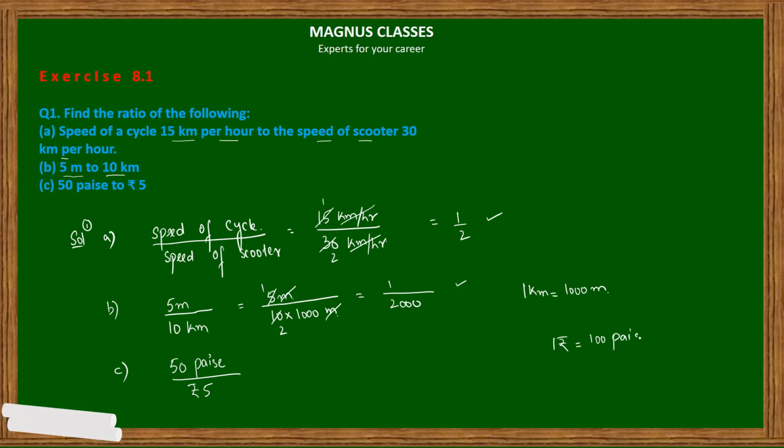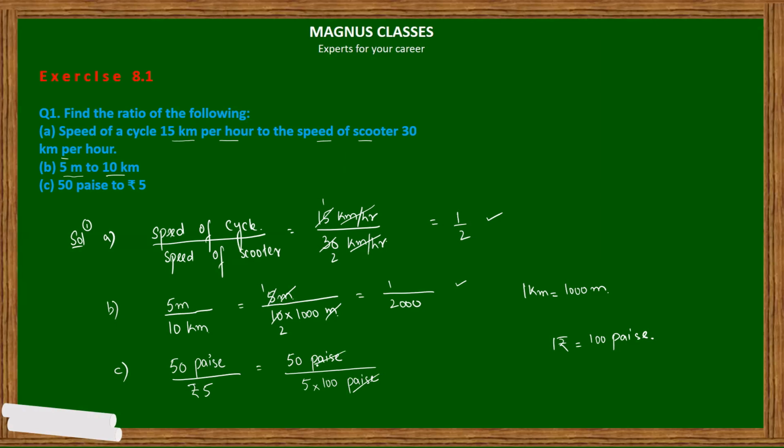Now as I told you, you should mostly convert the bigger unit into the smaller unit, because then you don't have to worry about minus. All right, so 50 paise divided by 5 rupees. When 1 rupee is 100 paise, how many will be 5 rupees? It will be 5 into 100 paise, right?